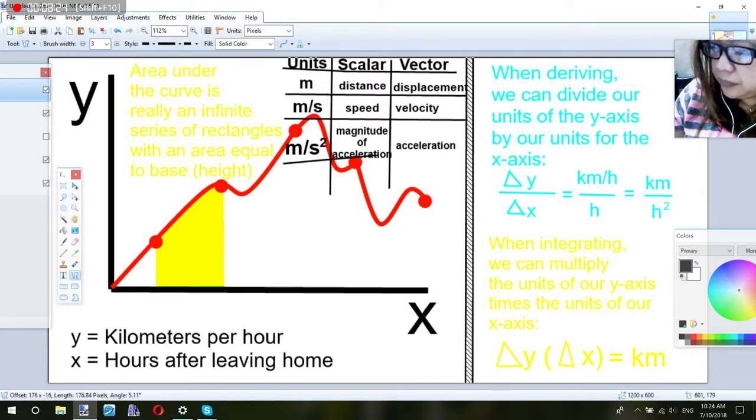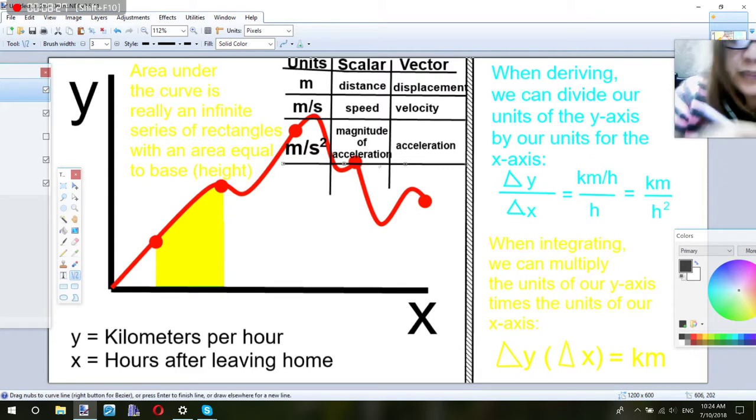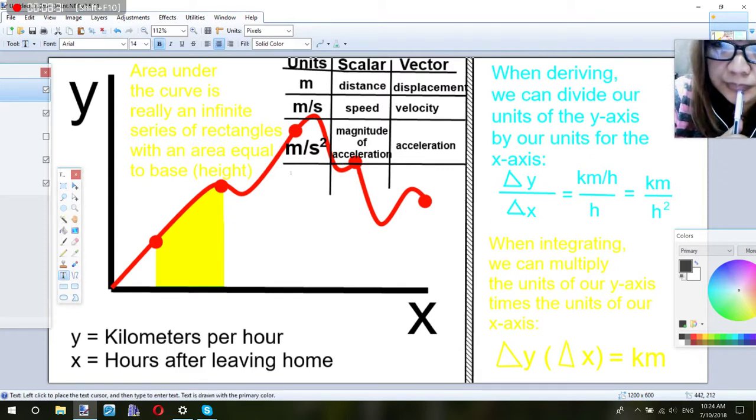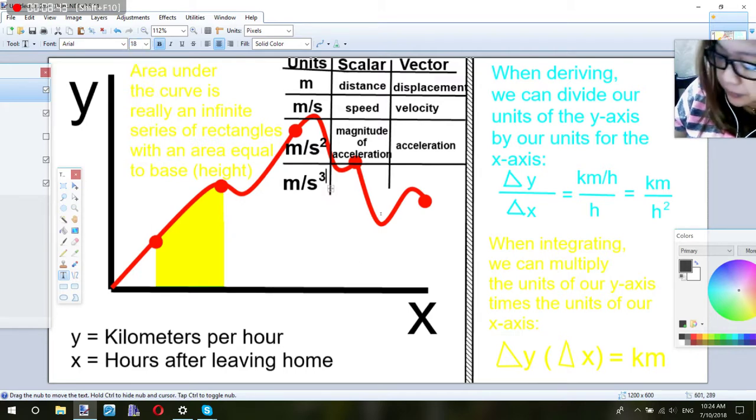Okay, in AP Calculus, very rarely, but sometimes we'll derive this one more time. So if I derive acceleration, I get meters per second cubed, which is called jerk.